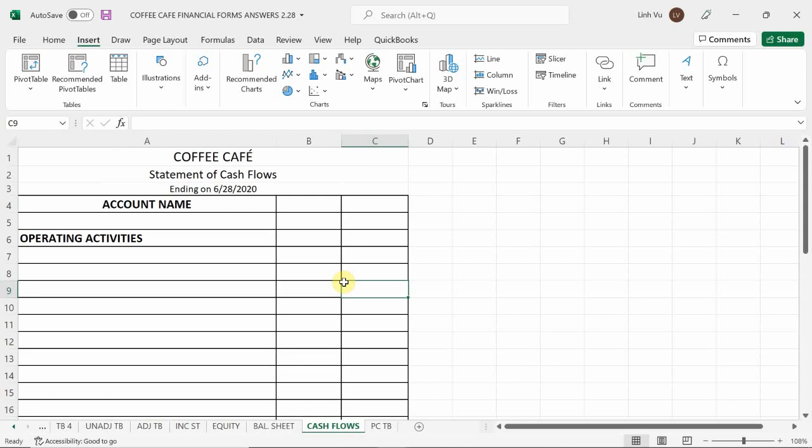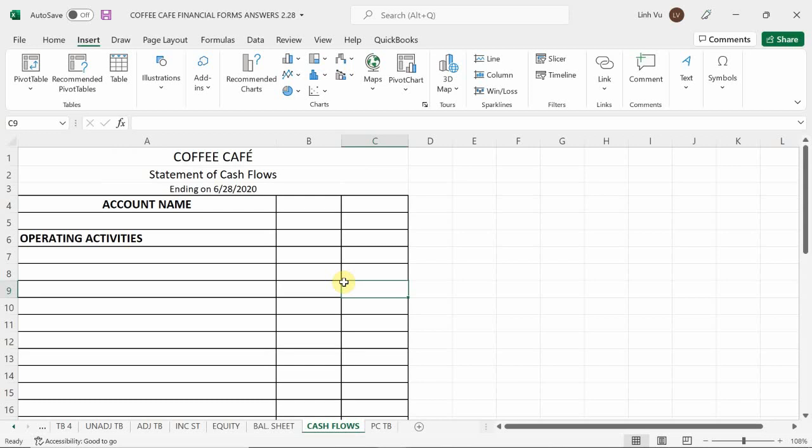There are so many rules and things you have to know about it. For the sake of this class, I'm just teaching it so that when you move on into a company, you at least have an idea of what the statement of cash flows actually does.